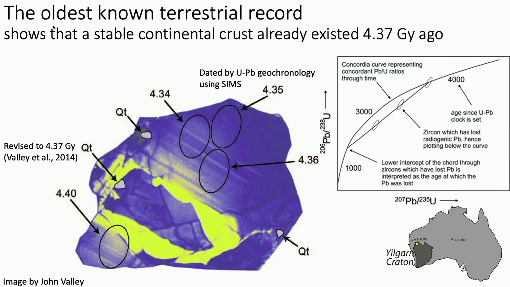Here you have a picture in false color of I think the oldest zircon on Earth. The size of this mineral is about 200 microns. So it's a very small time capsule that we are trying to decipher.